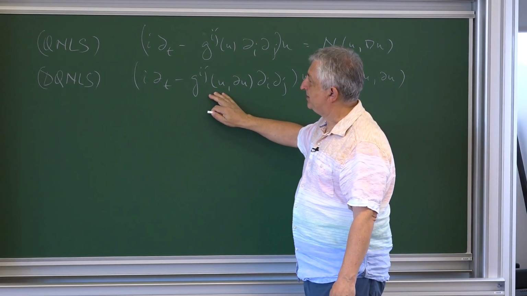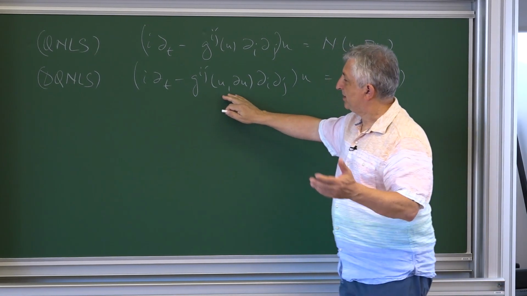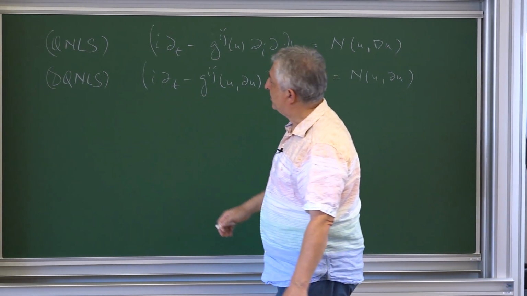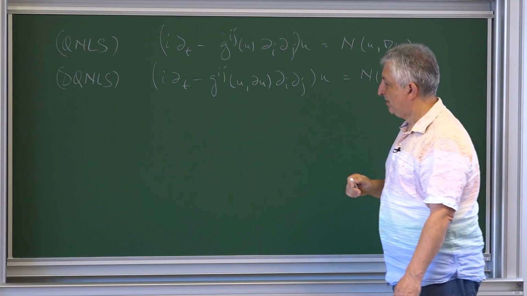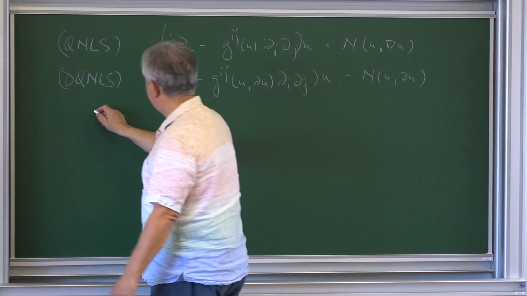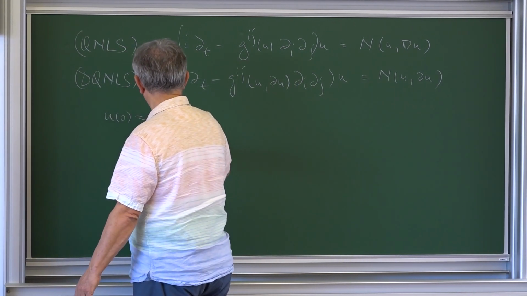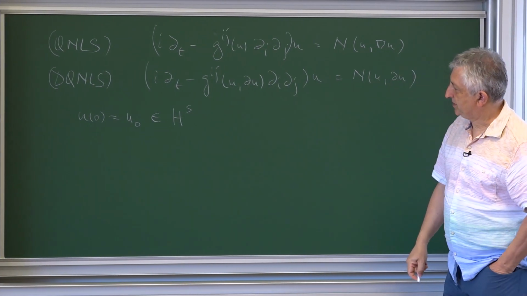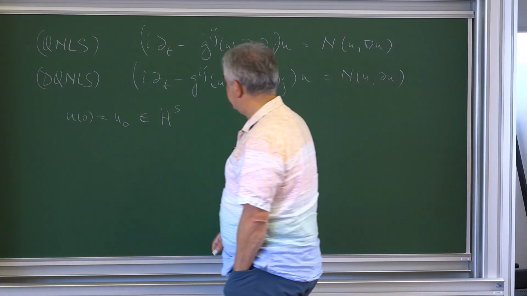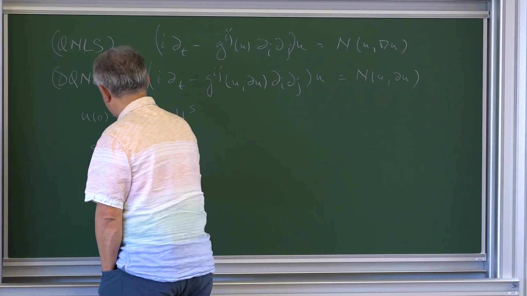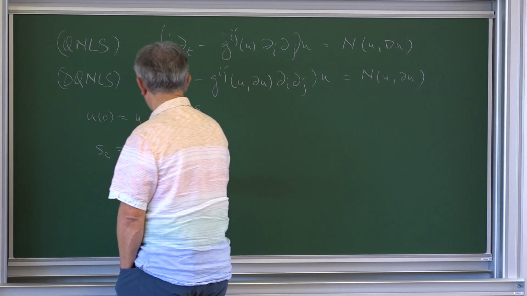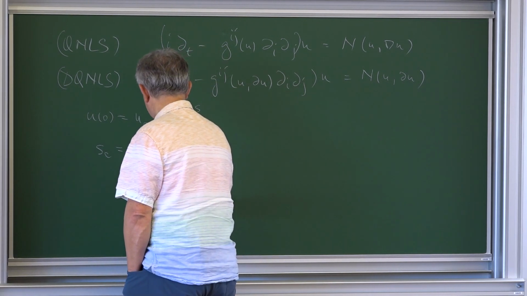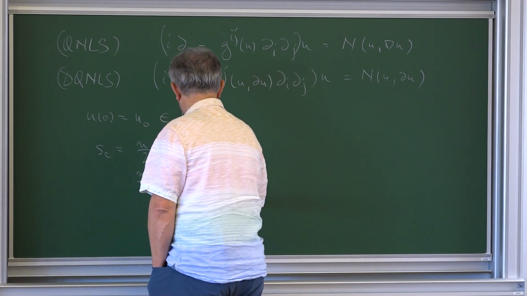I'll remind you that I'm writing the second equation just because the results that I'm telling you about apply just as well to the second equation, except we look at this one at regularity level 1 higher. So here we have u(0) equal to u0, in H^s. There's a quick computation that we did last time. We have the critical exponent, which is n over 2 for QNLS, and n over 2 plus 1 for DQNLS.